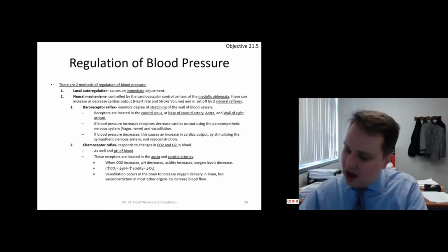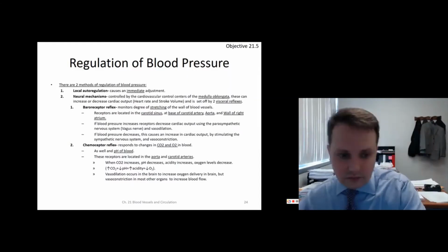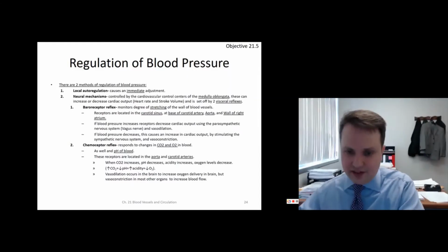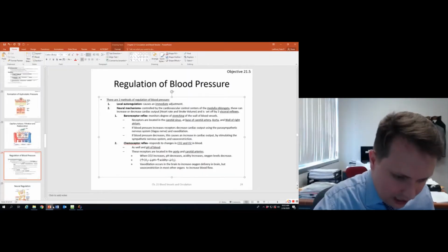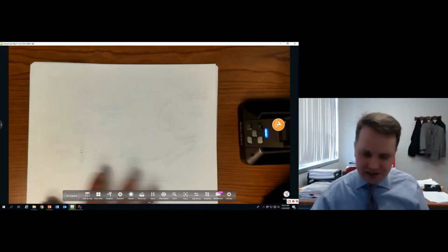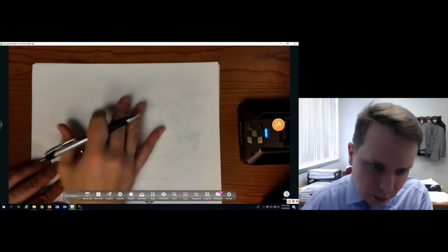Now, the other big thing that we need to understand is the chemoreceptor reflex. Now, I need to remind you guys of a few things in case your A&P1 instructors did not teach this. So I'm going to do a little bit of a recap.